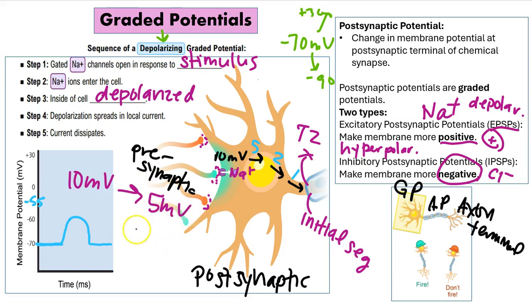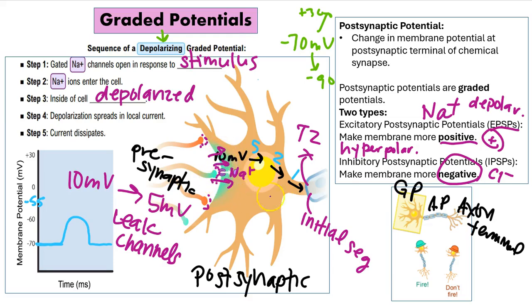The reason you are going to have some of that sodium signal loss is because of leak channels. So we have stuff just fighting against this, right? Here, at this membrane portion where you have the synaptic cleft, as we talked about with synapses, yes, you are going to have a rush of sodium coming in.